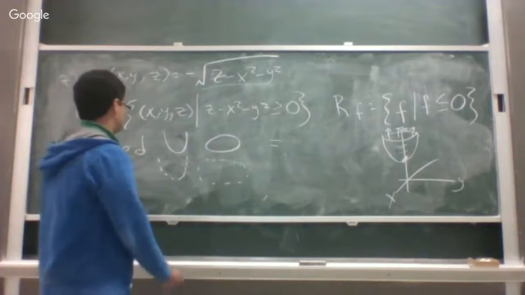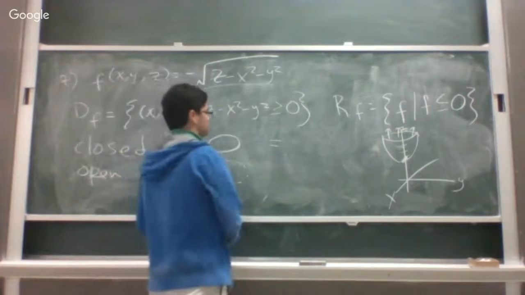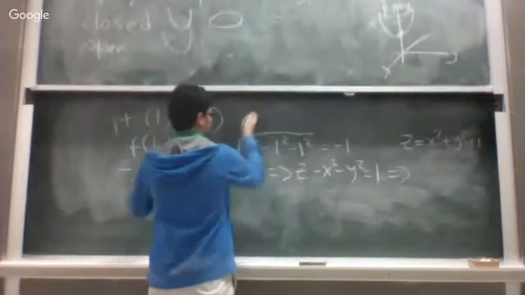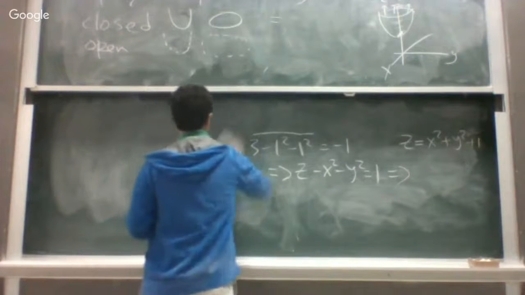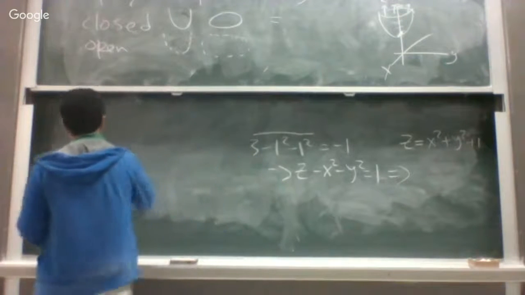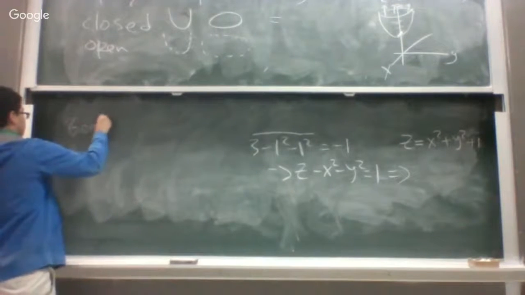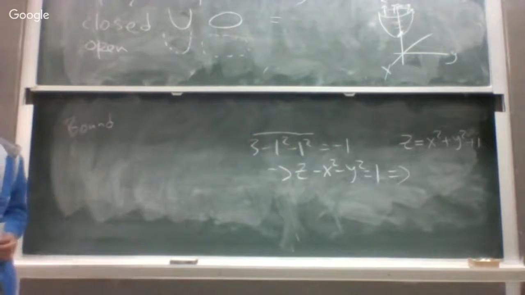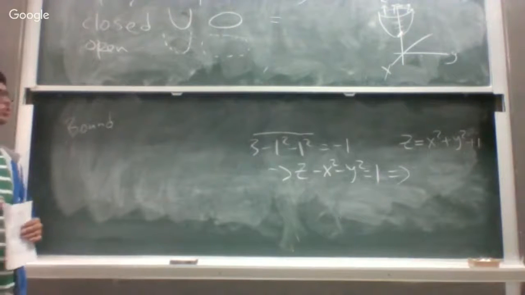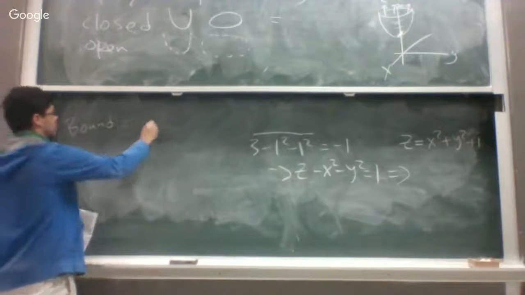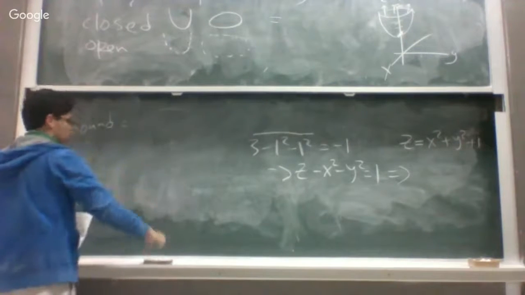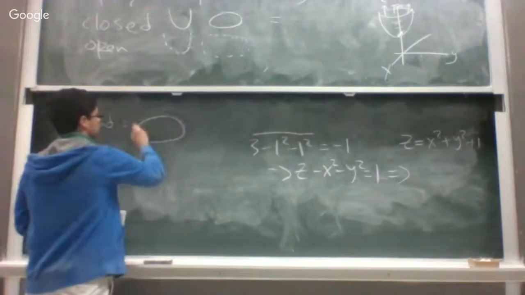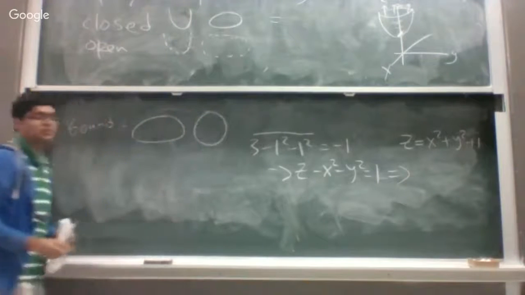When it's bound, that's if it's a disk or has a fixed radius. So it could either be an ellipse or a circle.